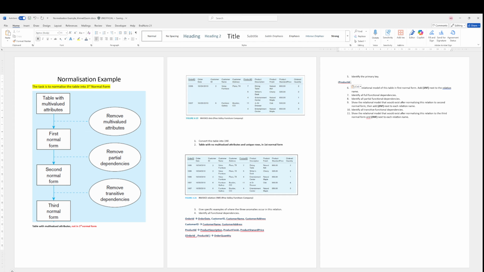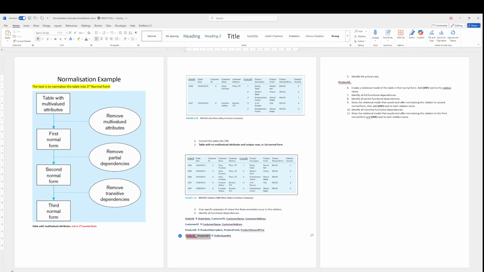Customer ID: you can see that customer ID appears on the left and on the right, so this is not going to be a primary key. Product ID appears on the left, but it does not appear on the right, which is going to be the second primary key.